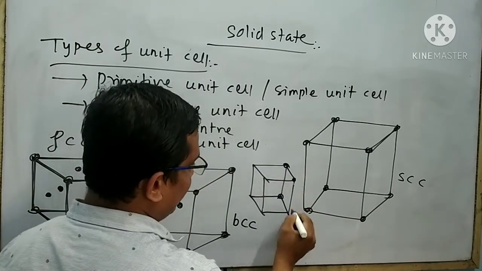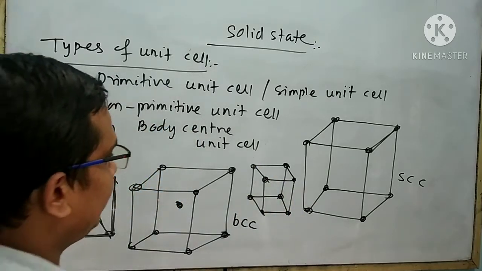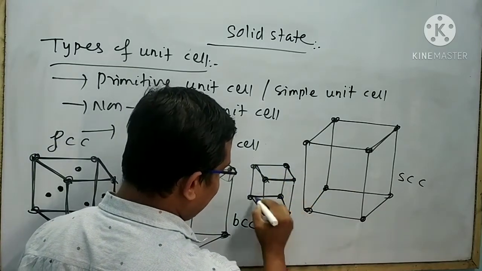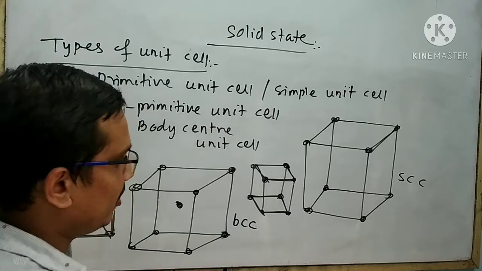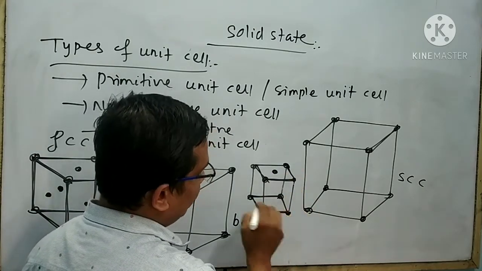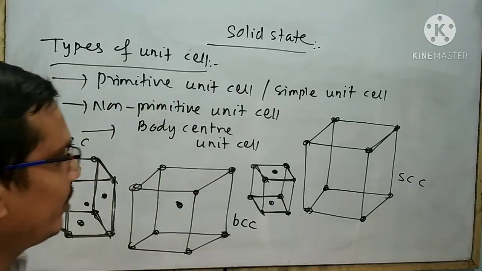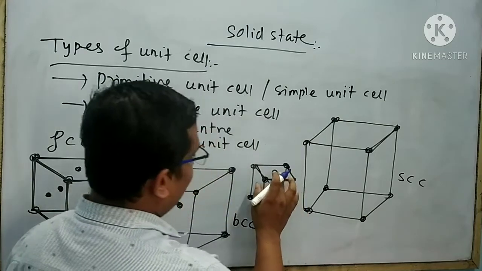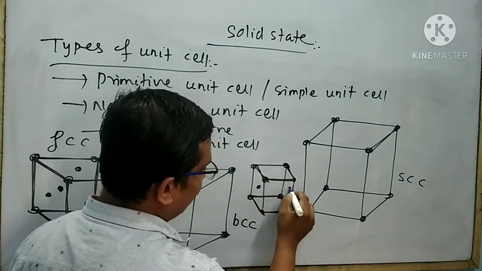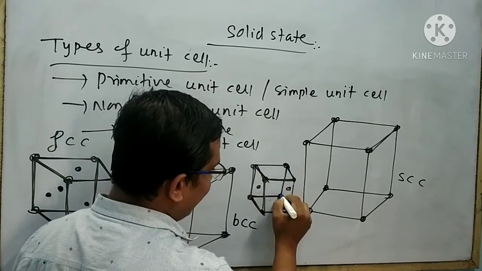This is the simple unit cell. Look at that, this face and this face are opposite to each other. Suppose one constituent particle is present here, the second constituent particle must be present here for the end-centered cubic unit cell. Also, you can place the two constituent particles like this. This is the left face and this is the right face.